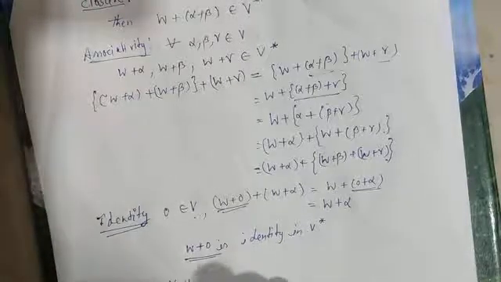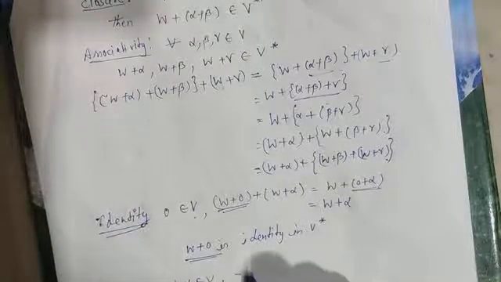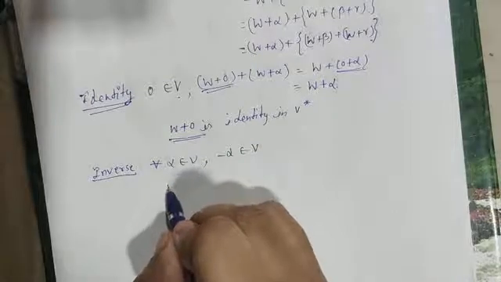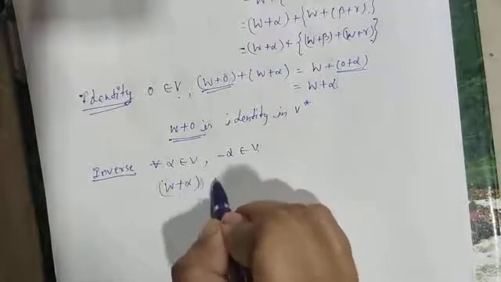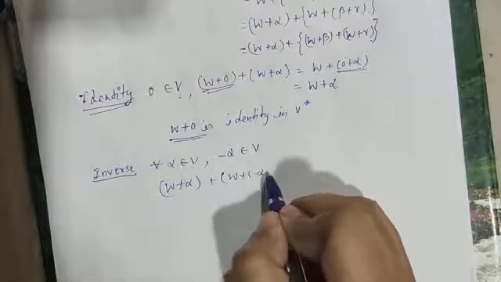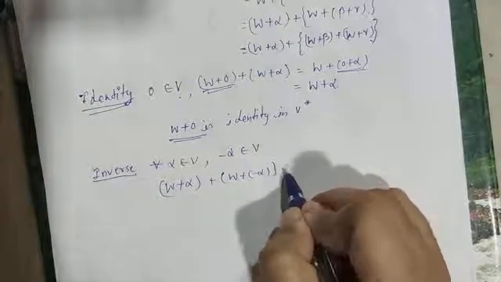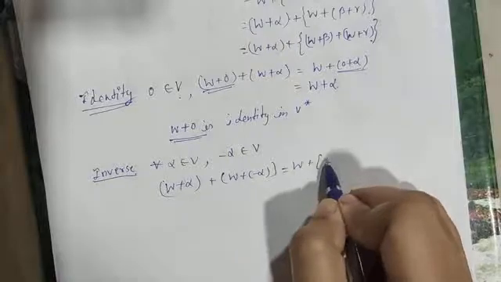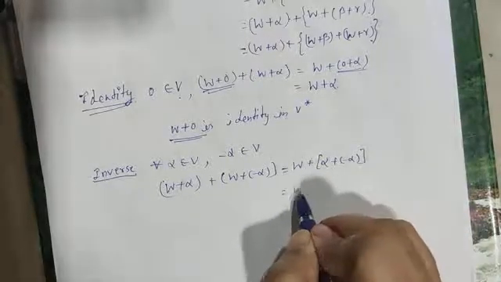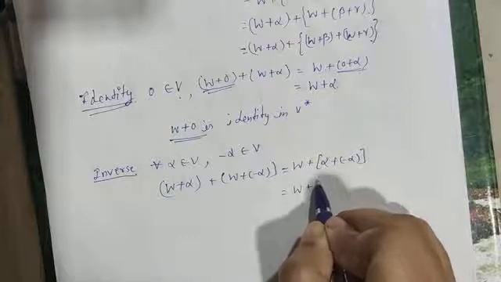In same way, the existence of inverse. For all alpha belongs to V, we have minus alpha belongs to V. So W plus alpha plus W plus minus alpha, this will be W plus alpha plus minus alpha. So this is W plus 0.